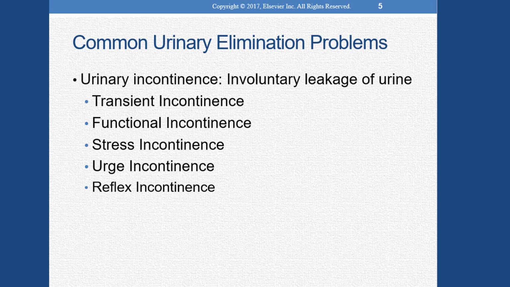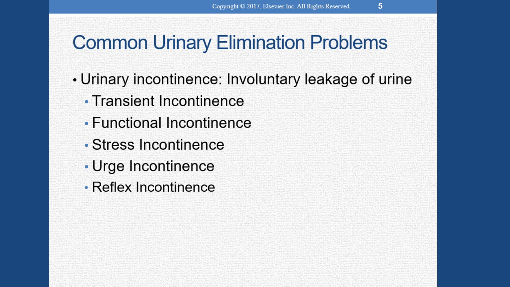Common urinary elimination problems, please, please, please go back and take a look at all of these definitions. Again, it's covered really well in the recorded lecture that I did on this, but a table that's highly important, old text 46-1, page 1104, new text page 1153, table 46-1 has all of those definitions.